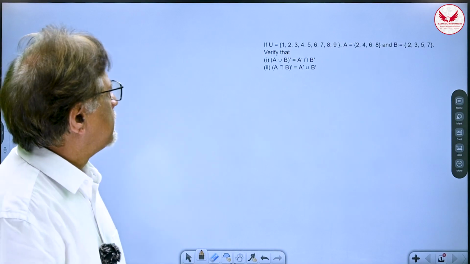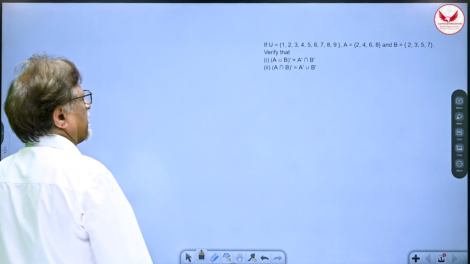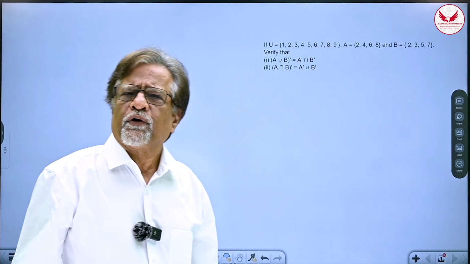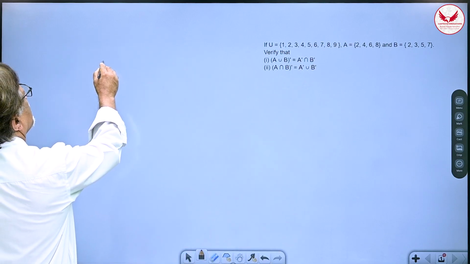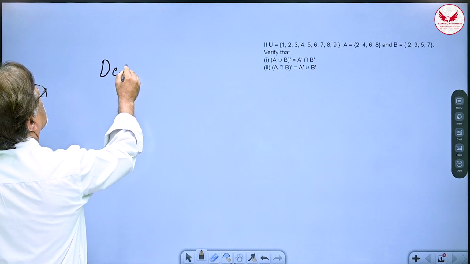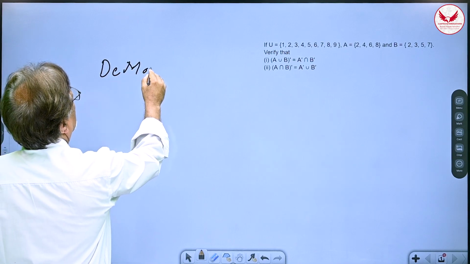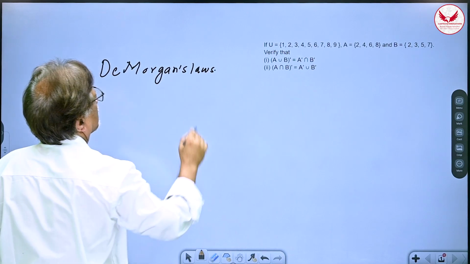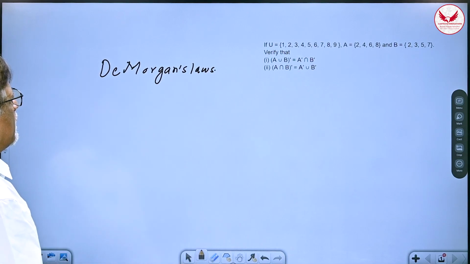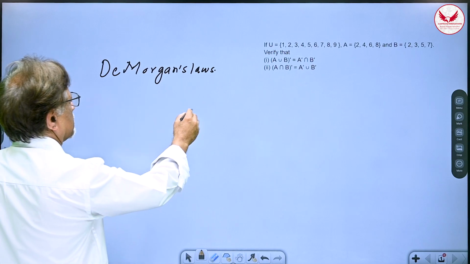Okay. Friends, I have selected this problem because I want to illustrate one very, very important law in set theory. And these laws are called De Morgan's laws. De Morgan's laws are very interesting.